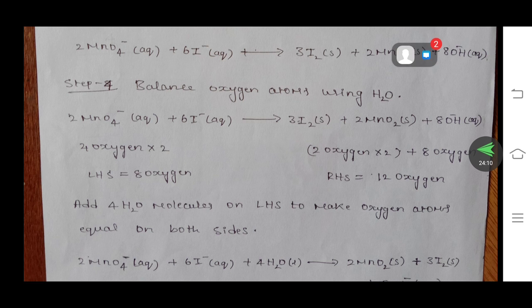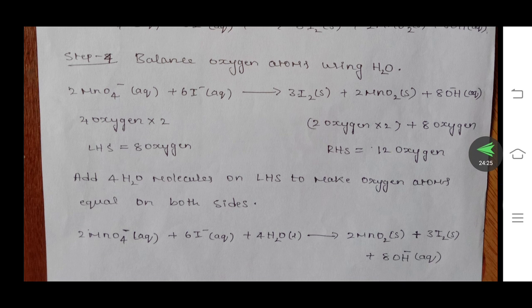Right hand side you check 2 into 2, 4 oxygen and plus 8 oxygen present in OH minus. So 4 plus 8, so total 12 oxygen atoms present on the right hand side. Now left hand side how many oxygen atoms less? 4 oxygen atoms less. So add 4 H2O molecules on the left hand side to make oxygen atoms equal on both sides.